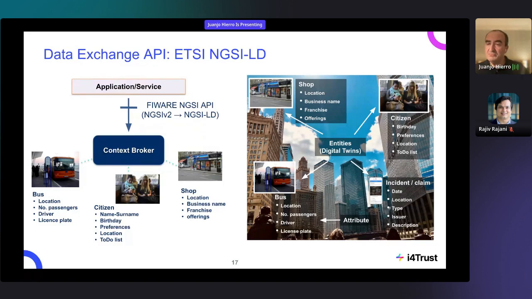And these two aspects of standardization are key to support interoperability: the NGSI API that is supported by one component of FIWARE, which is the context broker, and the data models are a concept that works across any domain.